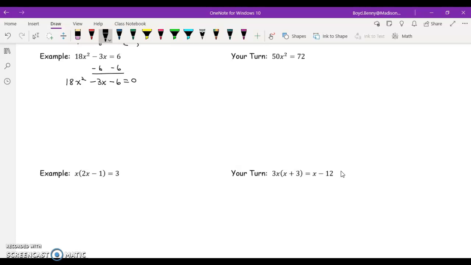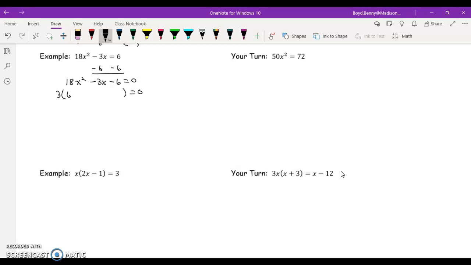Now, the next thing I notice is that all of these numbers are divisible by 3. I can go ahead and factor out a 3, and that would make these coefficients smaller and make the factoring process a little bit simpler. So I'm going to go ahead and factor out a 3 from this equation.